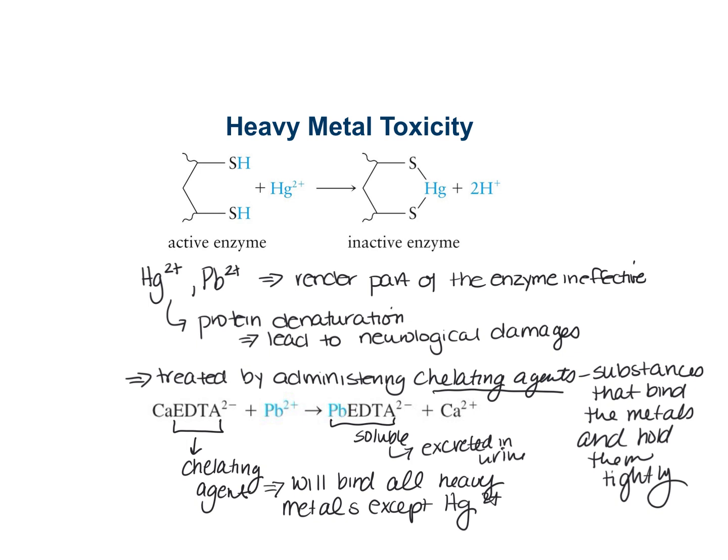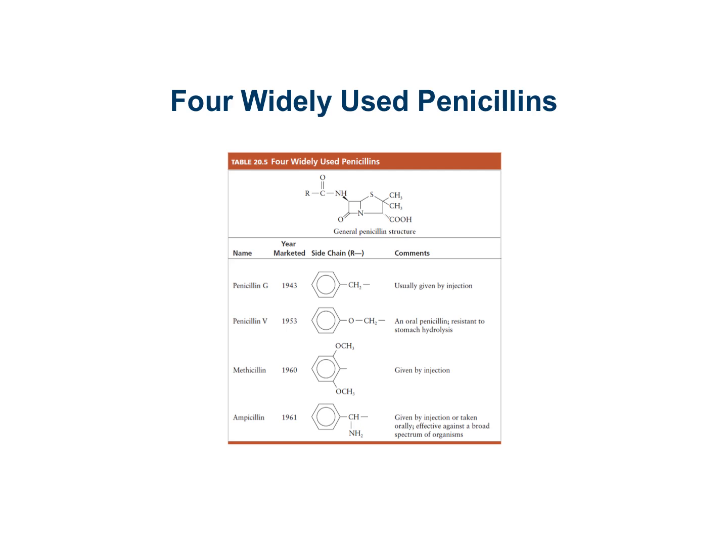Now, the next example that we're going to talk about is penicillin. So the previous two examples we've talked about have been toxic, but not all enzyme inhibitors act as poison. Penicillin is an enzyme inhibitor, right? And sulfa groups are also enzyme inhibitors.